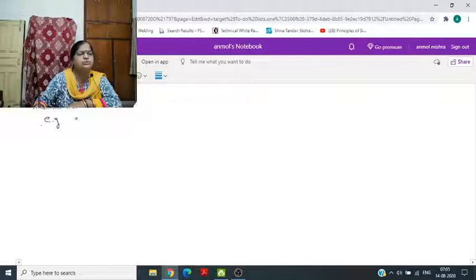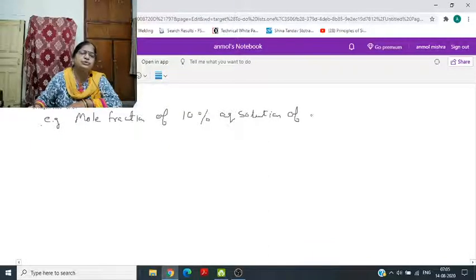Find out the mole fraction of a 10% aqueous solution of glucose.